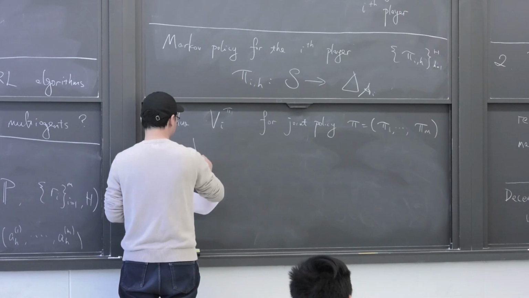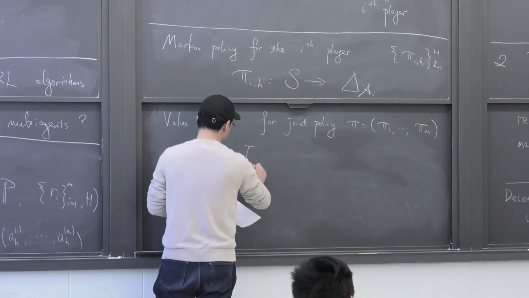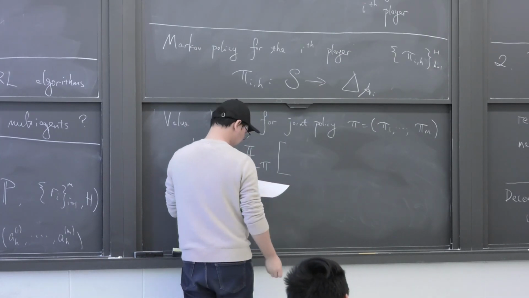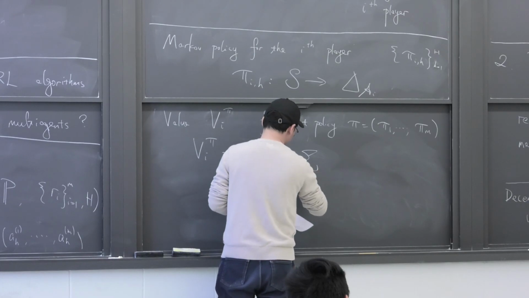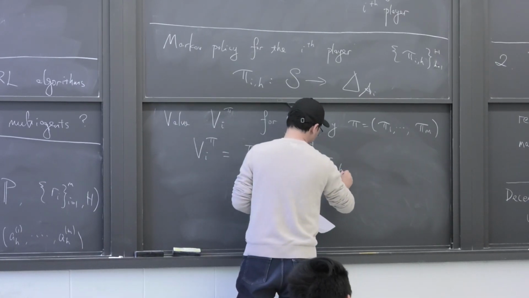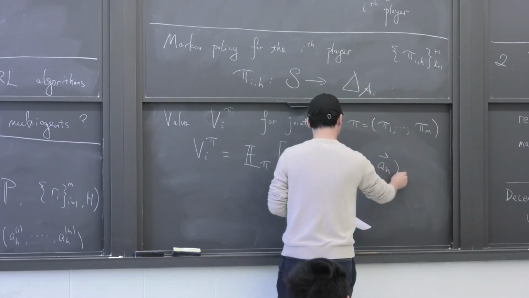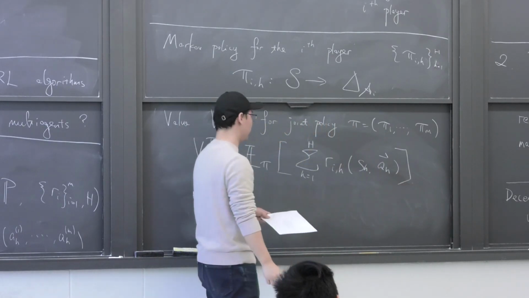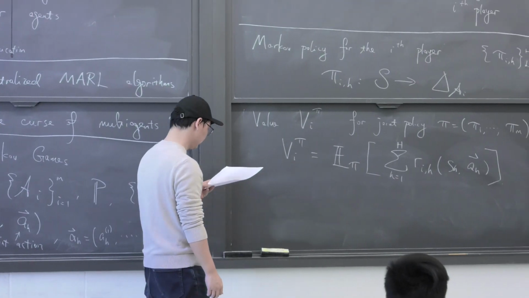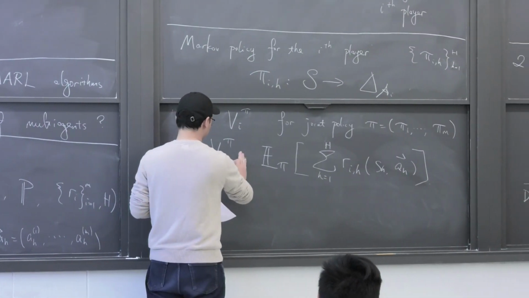So V_i^pi is equal to the expectation of all the future rewards for the ith player. Similarly, you can also define a Q value in this way.